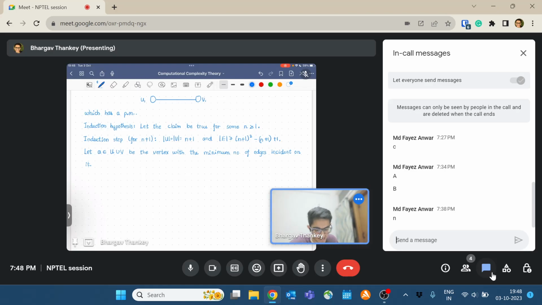Without loss of generality, let's assume that A is in U, say it's Ui.